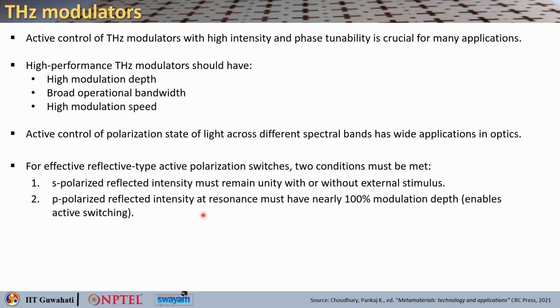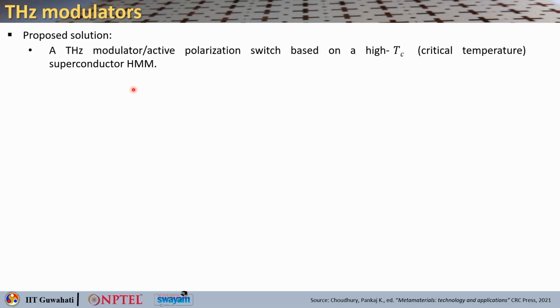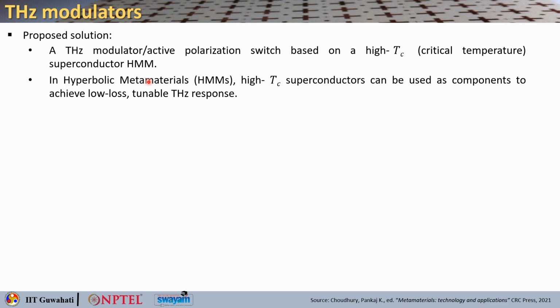That will enable active switching. Achieving 100% modulation depth at terahertz frequencies could be challenging. So, what is the proposed solution? You can think of a terahertz modulator or active modulation switch based on high critical temperature superconductor hyperbolic metamaterials.